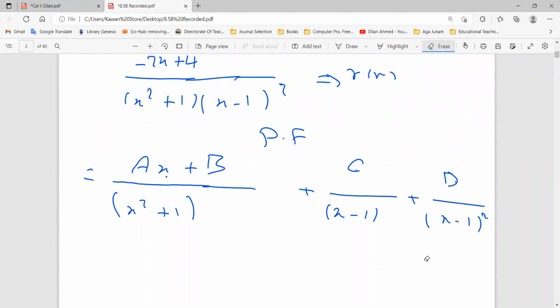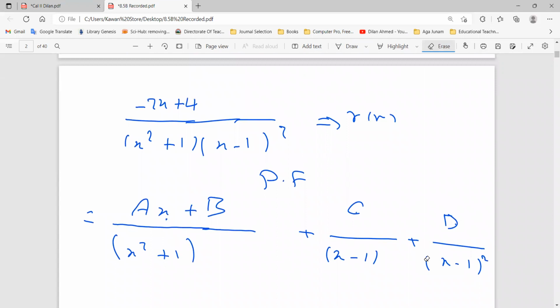So I'm going to solve that for A, B, C to get the values. Do not forget in the right side, I have minus 2x plus 4. Here we are.